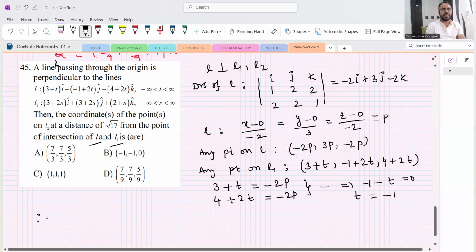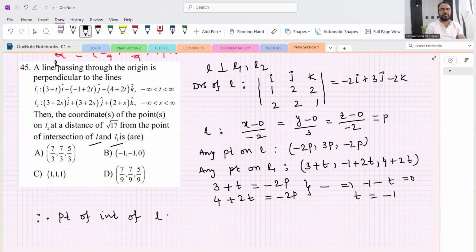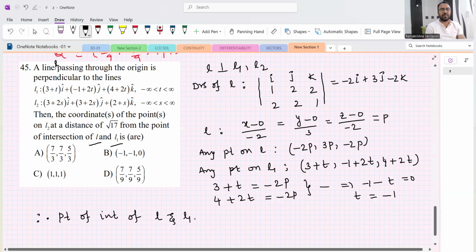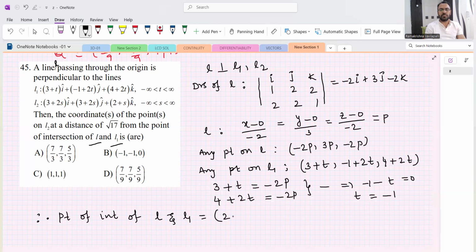Therefore, the point of intersection of L and L1 is 2, minus 3 and 2. Assume this point is P. Now find the coordinates on L2 at a distance of root 17 from the point of intersection.